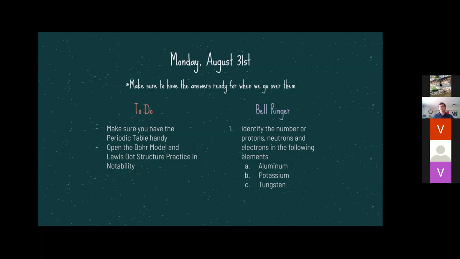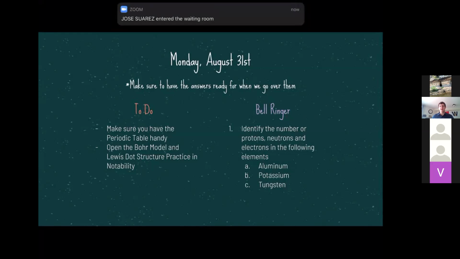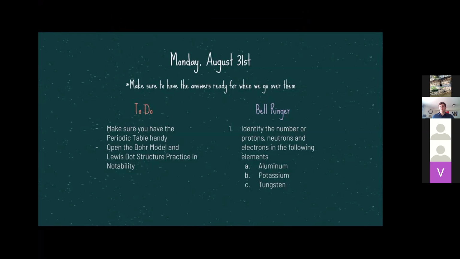Maybe you want to throw it in the chat if you don't want to say it out loud. 13, perfect. Did anybody find the number of electrons of aluminum? Perfect. 13 protons, 13 electrons.